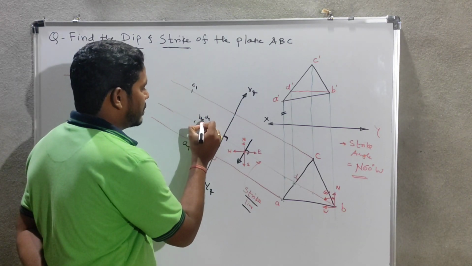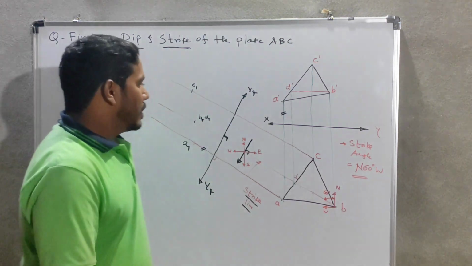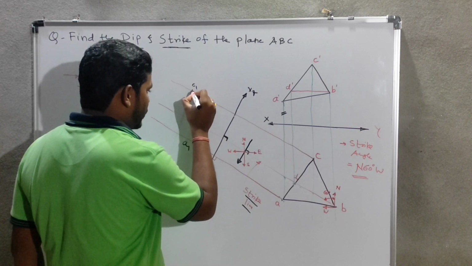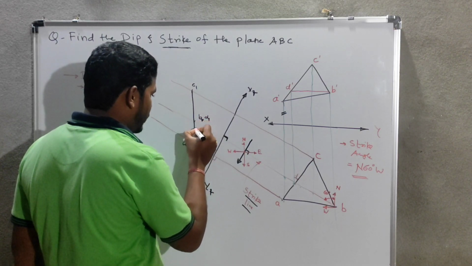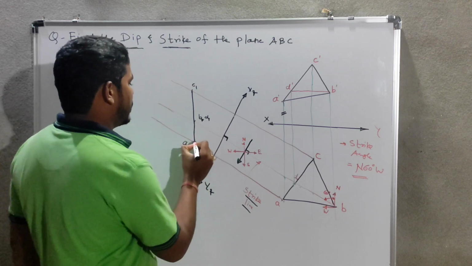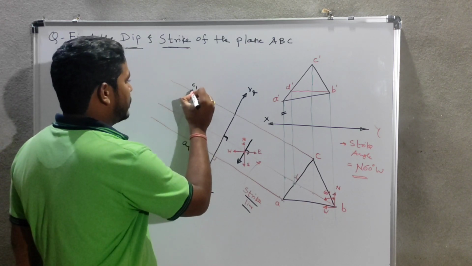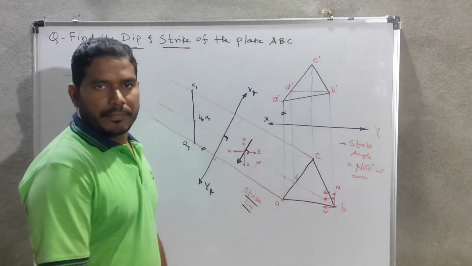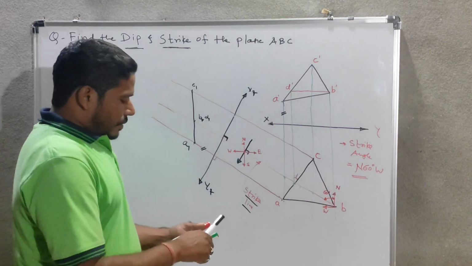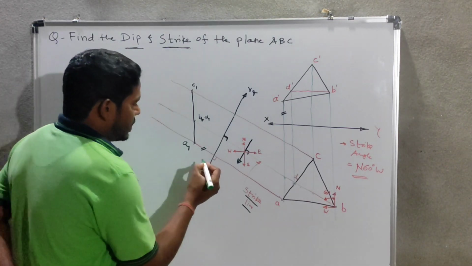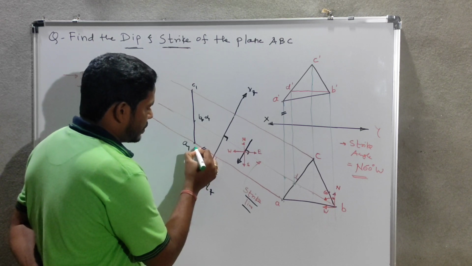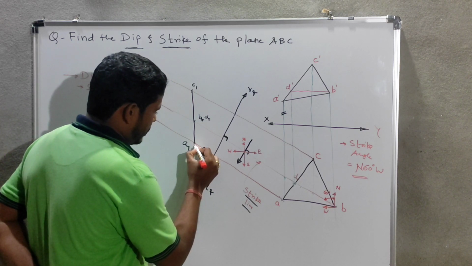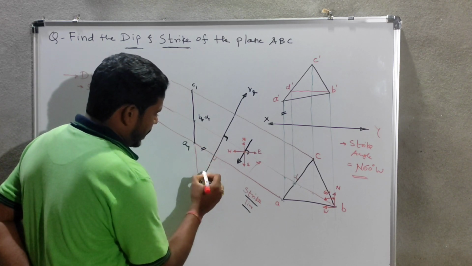Now we have to draw the line passing through all these points. So like this, we will get an apparent dip line. Whatever the angle made by this line, we have to measure with respect to this x1 y1.